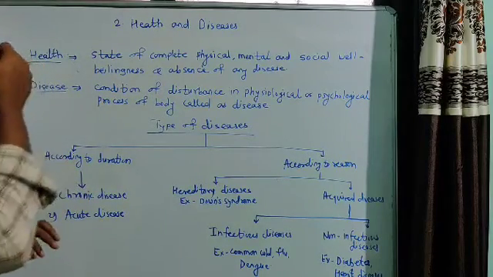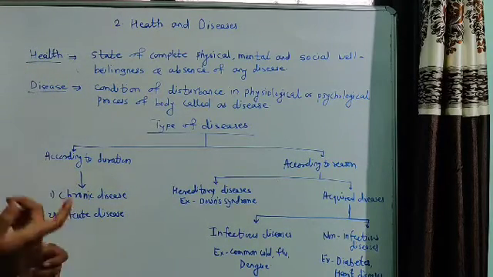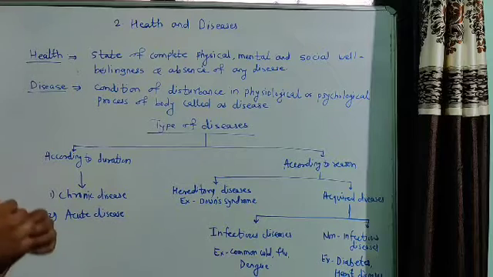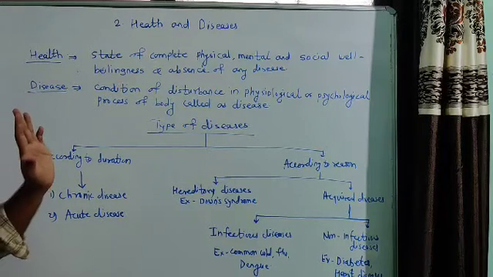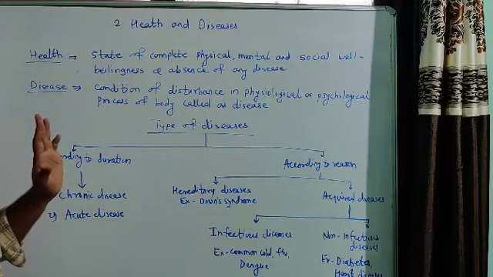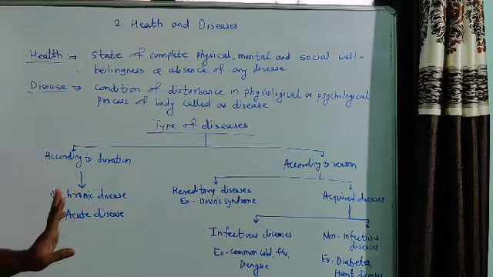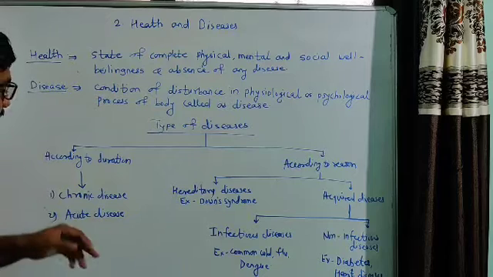According to duration means what? Duration means time, okay. So how much time that disease remains in our body, or is disturbing our healthy condition. According to that basis, okay.